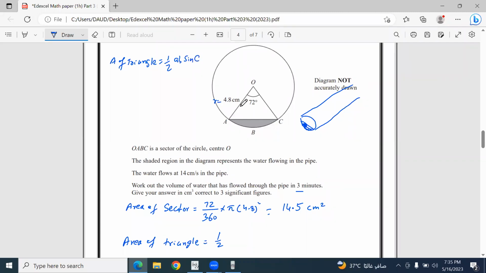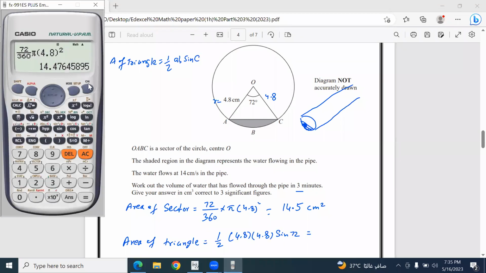So the angle is given 72 and the sides are also mentioned, which are 4.8, 4.8, both are radius. So here 4.8, 4.8, and the angle is given also 72. After this we can check in calculator.